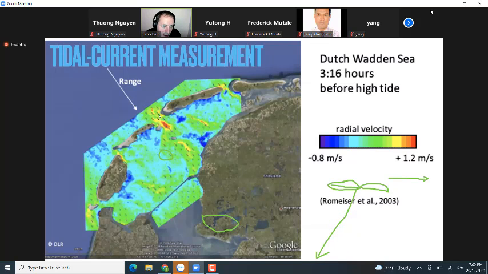For example, a tidal current. I can measure here the very interesting part, the motion of the sea, right? The tidal currents here in that area. It's very interesting because it shows you that that is water.